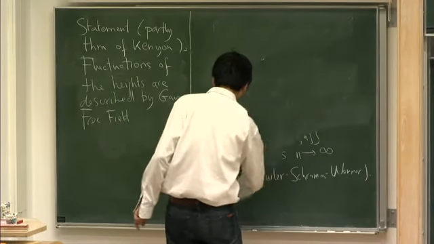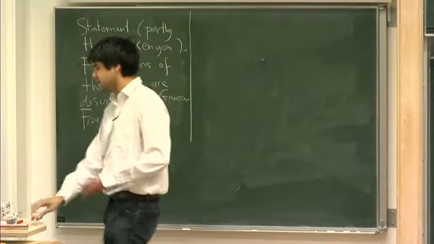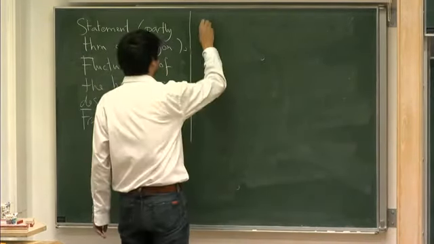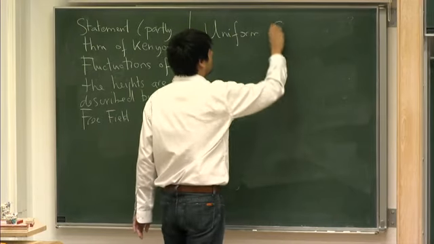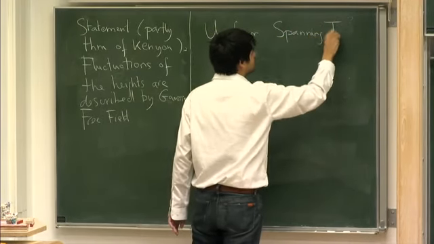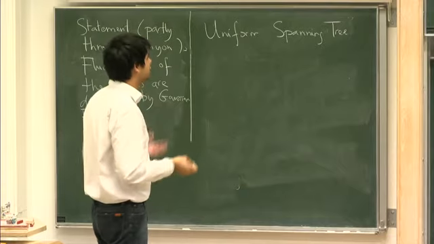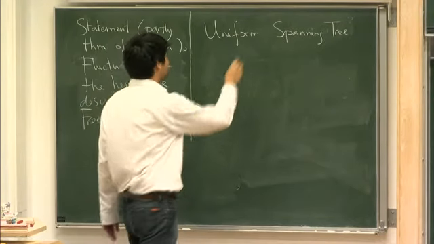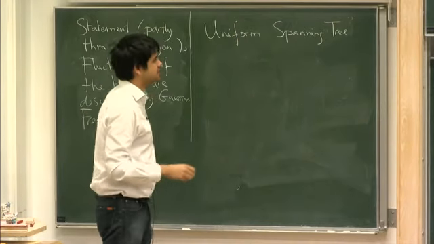Okay, 2 more models to go. Uniform spanning tree. That's also a model we will not speak about, but it's just relevant as an example of a lattice model. And there's a simple result that everyone can understand.